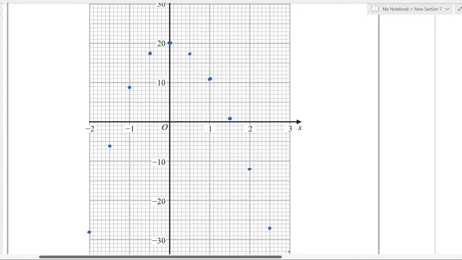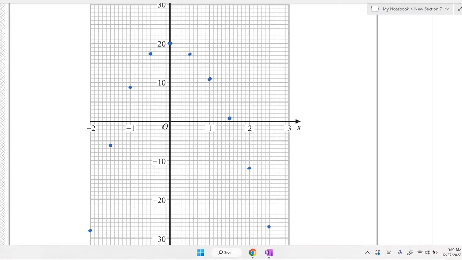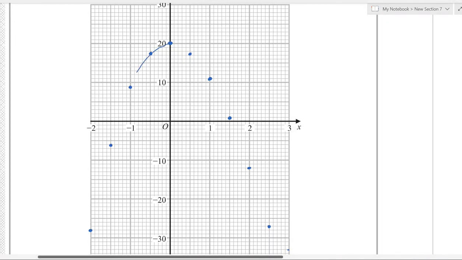So these are the coordinates. Now I need to connect all the points together to produce a smooth curve. Mine will most probably not be a smooth curve.